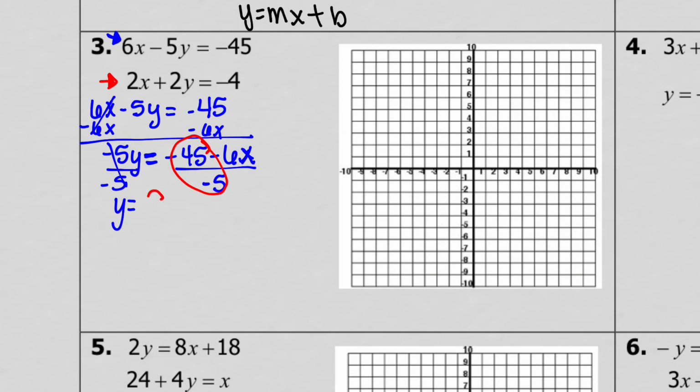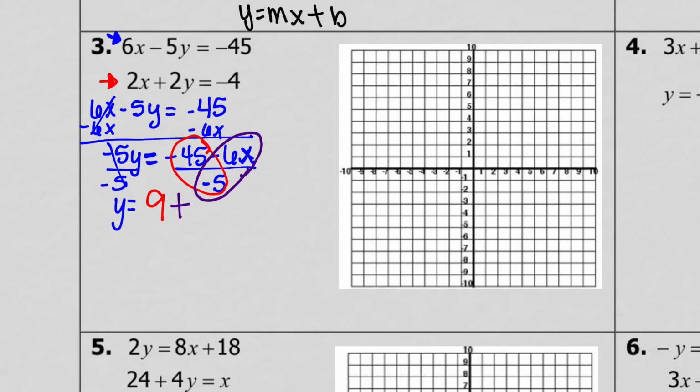Positive. It is a positive, so we get 9. What is negative 6x divided by negative 5? So first off, is it negative or positive? So negative 6 divided by negative 5, negative or positive? Positive, so we're going to add.